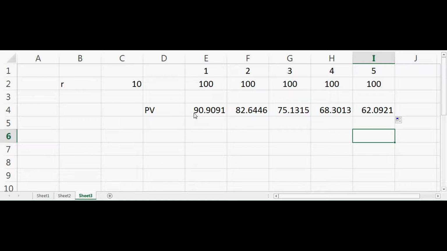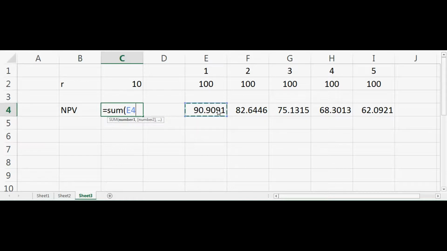So if we sum all of them together, we can say NPV, net present value, is equal to the sum of all these numbers together. So this is your net present value.